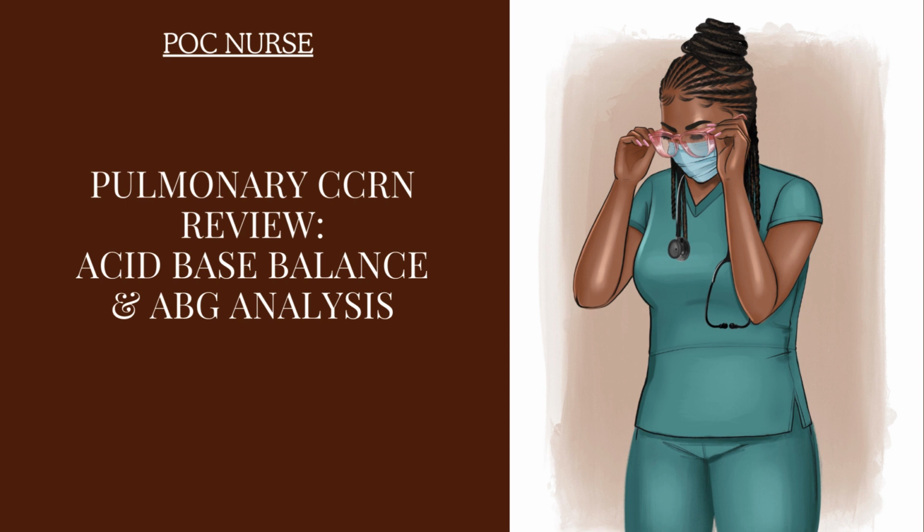When there is acidosis due to a lot of carbon dioxide being retained in the body, this is respiratory acidosis. The kidneys will now try to compensate and bring the pH back to normal by creating more bicarbonate and putting it out into the blood.